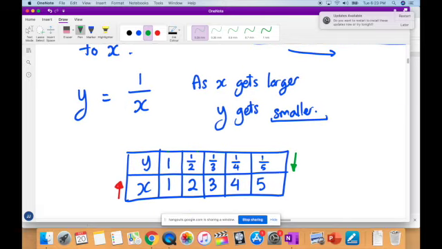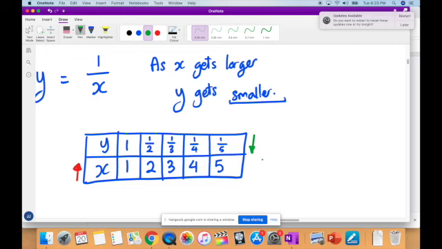And you know what? Let me do the other one. We ain't done yet. What will happen as x gets smaller, y gets what?